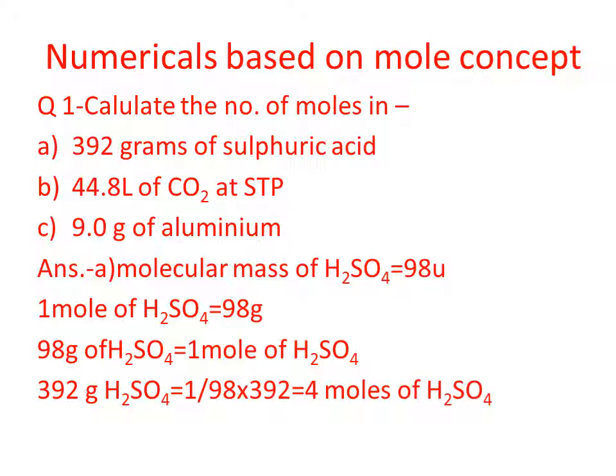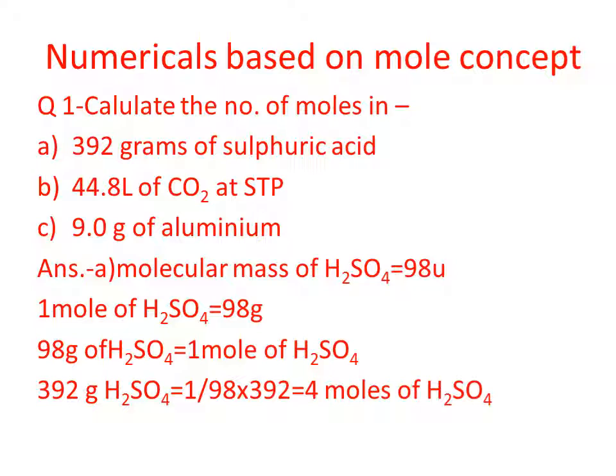To solve numericals of mole concept, you must be familiar with how to calculate molecular mass. For example, molecular mass of H2SO4: in case of hydrogen, atomic mass is 1, so 2 multiply 1, plus in case of sulfur, atomic mass is 32, that is 32, plus in case of oxygen, atomic mass is 16, so it will be 4 multiply 16.